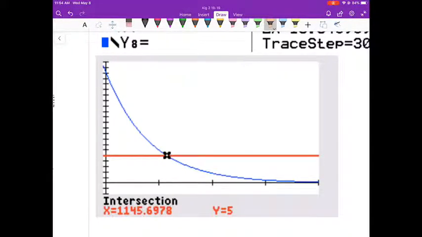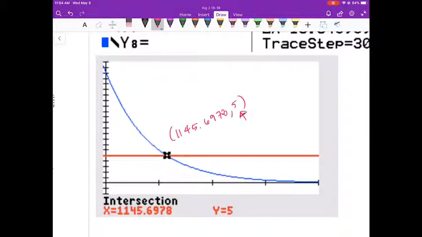Then we use our second trace intersect feature, which is option 5, and it'll ask you, hey, first curve, and I'll highlight the exponential decay. You say yes, enter. Second curve, question mark, yep, y2 equals 5, and then it makes you guess. We end up finding out that they intersect at 1145.6978, 5.